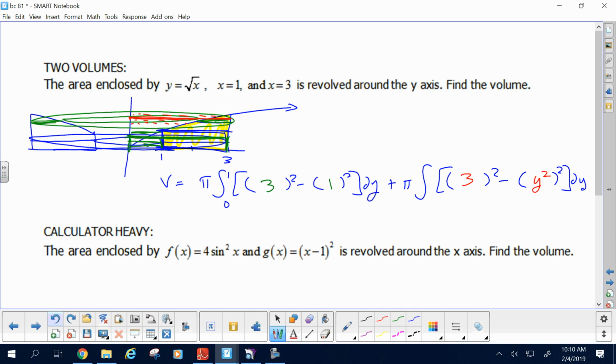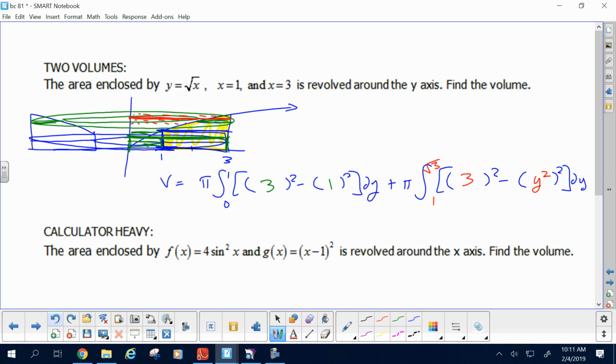And what are the limits of integration for the second region? 1 for the lower limit. That's the easy part. What's the other limit? Root 3, yeah, root 3. If you put in an x of 3, you go to a y of root 3, and then you close the region.